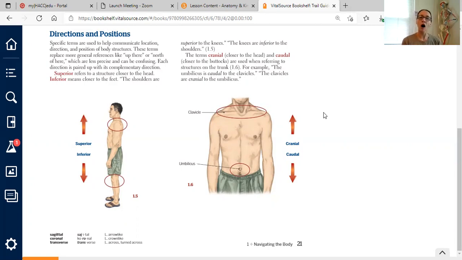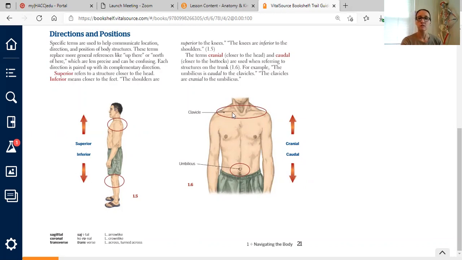So caudal in this instance means closer to the buttocks or closer to the gluteal area, or more broadly, closer to the feet. We do not use caudal very often when we're describing structures in massage therapy. We're going to use superior, inferior, or we're going to use cranial, which specifically means closer to the head or closer to the cranium.